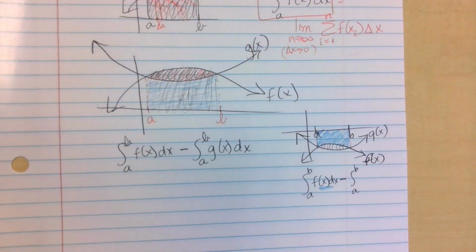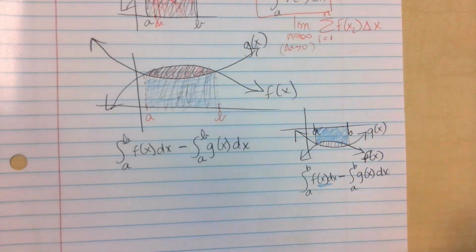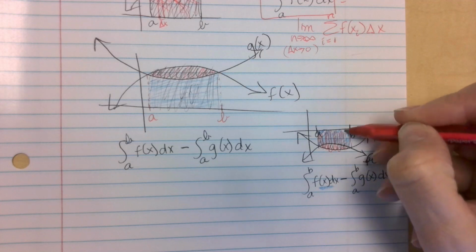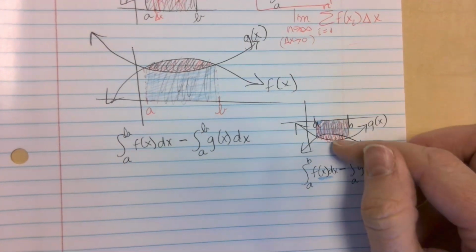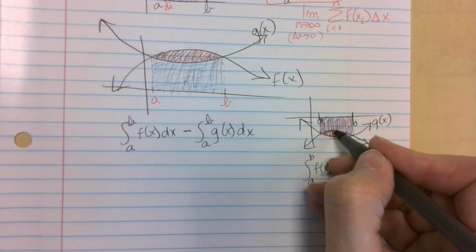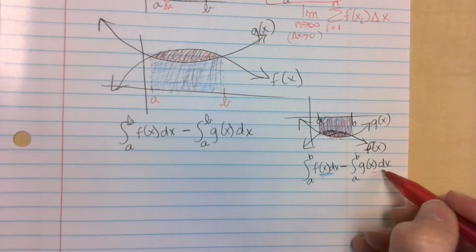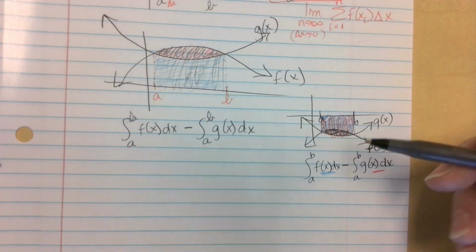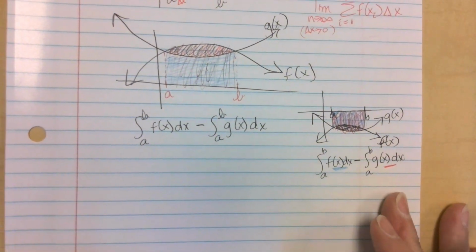Then if I subtracted out the bottom one, g of x, which would be shaded in red, the whole area, it would be a negative number. It would be a smaller negative number minus a bigger negative number, and so this area would in fact show up. This would be our red area, and the area between the two curves would show up, whether we're above the x-axis or below, or whether there's a mixture. It really doesn't matter. That would work.